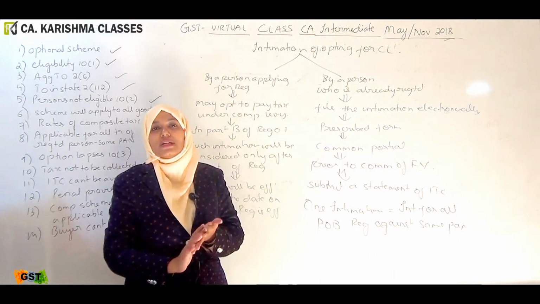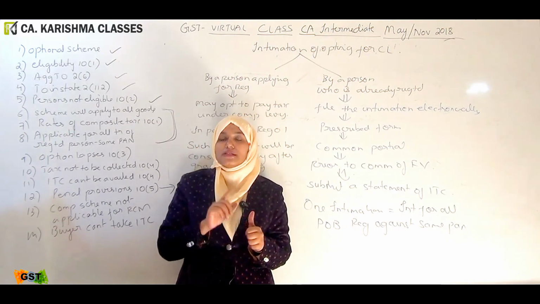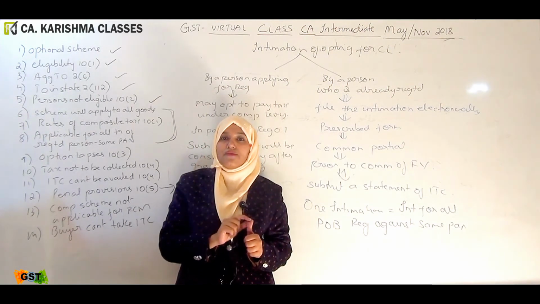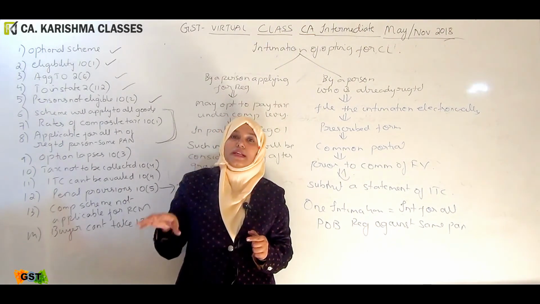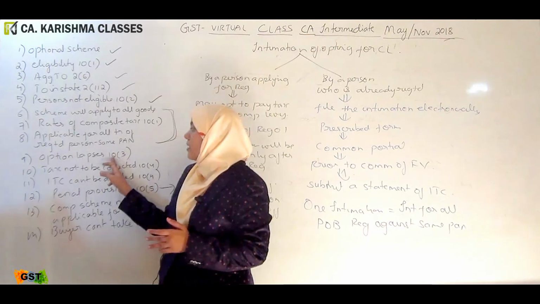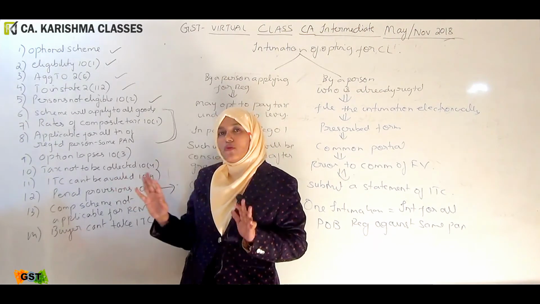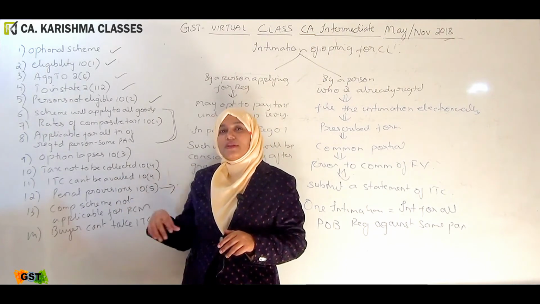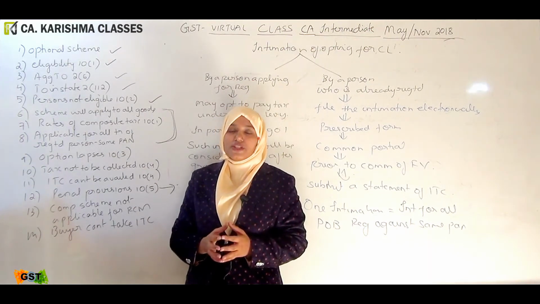So by this we finished learning section 10. Let us have a quick recap. It has 5 subsections. 10.1 briefly tells us the eligibility in terms of aggregate turnover, and then we have to understand what is aggregate turnover. 10.2 talks about who is not eligible, a list of people. 10.3 talks about when the option lapses, whenever you cross the turnover. 10.4 says don't take ITC. 10.5 says if you did some fraud, then we will apply penalty under 73-74 on you and we will cancel your composition scheme.